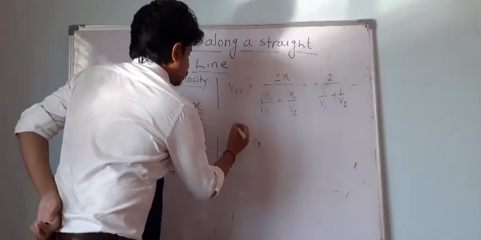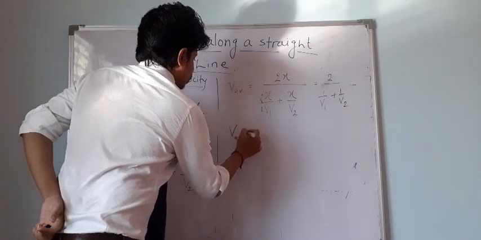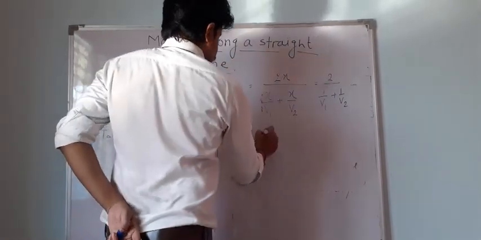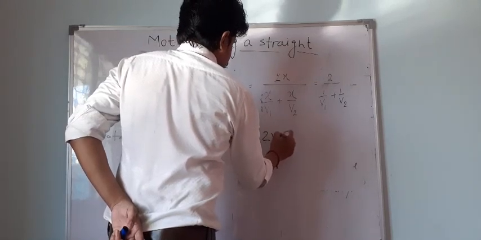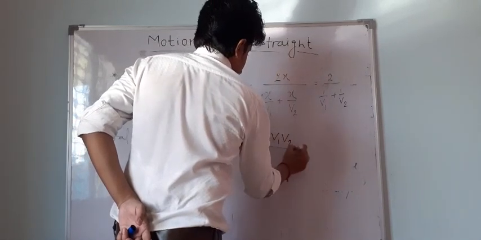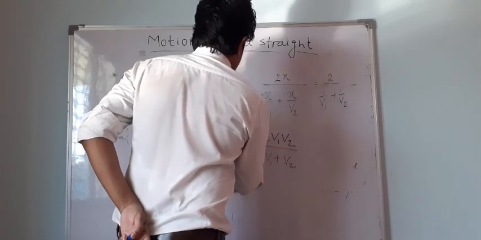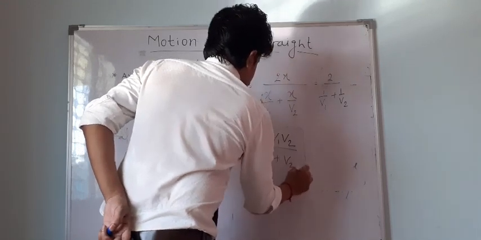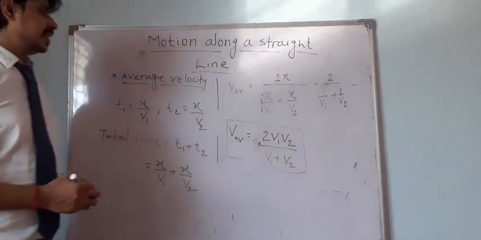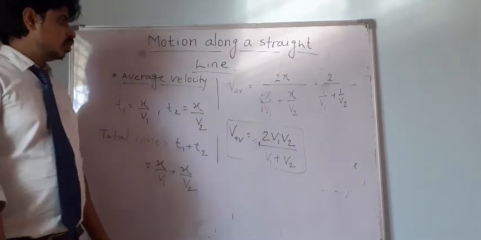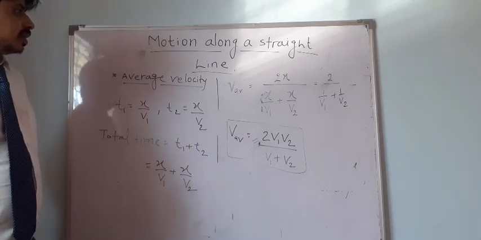Taking the LCM, finally V average is equal to twice v1 v2 upon v1 plus v2. So in this case my average velocity will look like this: 2 v1 v2 upon v1 plus v2.